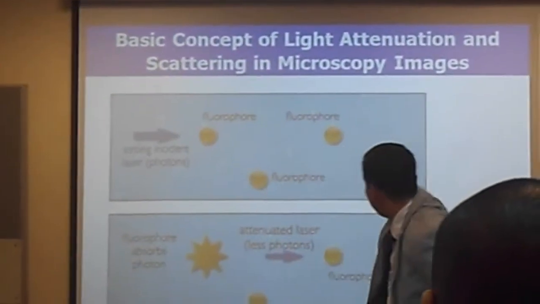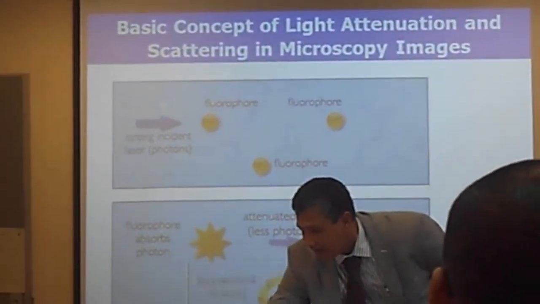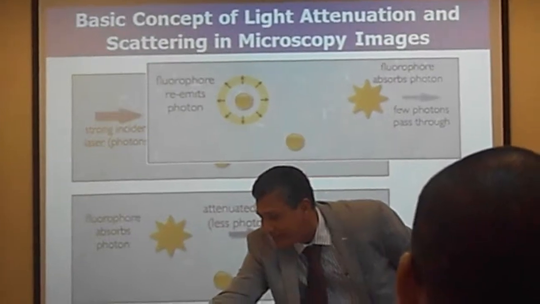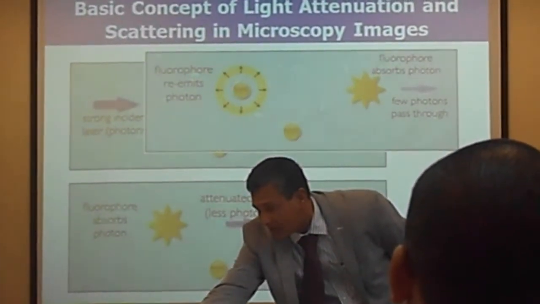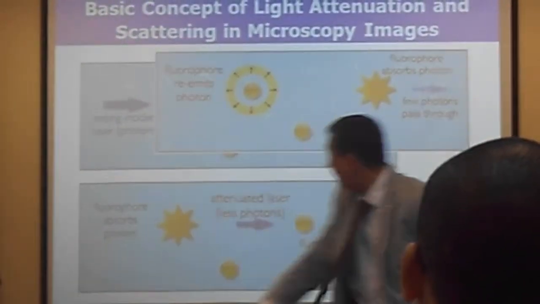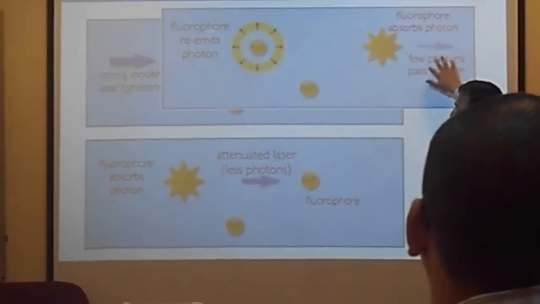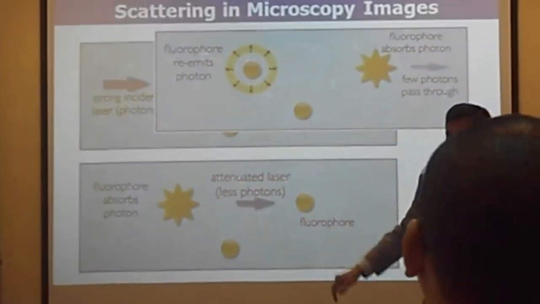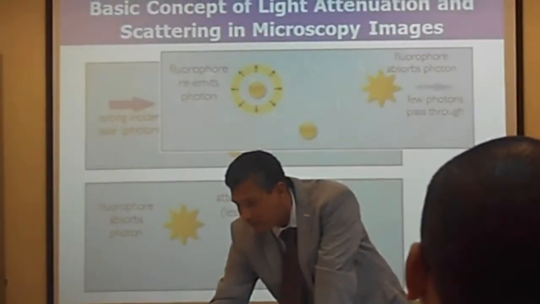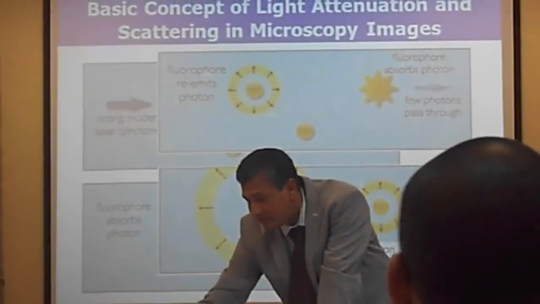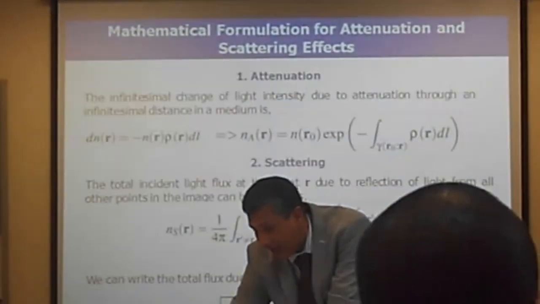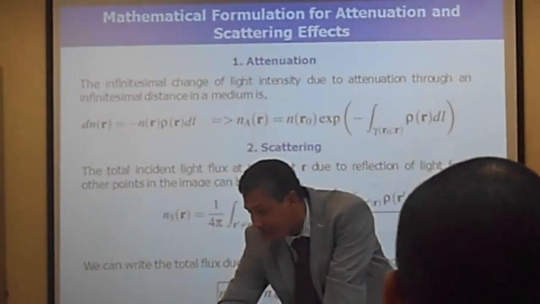Say for example, here is the dust. A lesser amount of light, few photons, come through, and most of it is scattered and attenuated. Here it is even fewer.